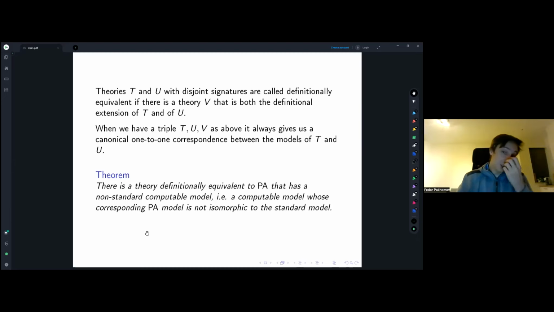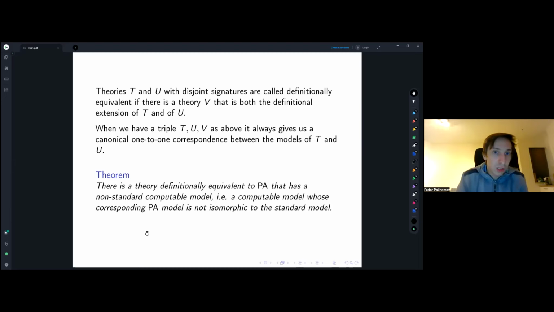But anyway, this of course doesn't matter because, as I told you, if you have two definitionally equivalent theories, then there is a natural one-to-one correspondence between the models of the theories. Hence when you're given a model of this definitionally equivalent theory, you can canonically recover a model of Peano arithmetic, and hence it's very natural to talk about standardness there. Okay, so this is the theorem.